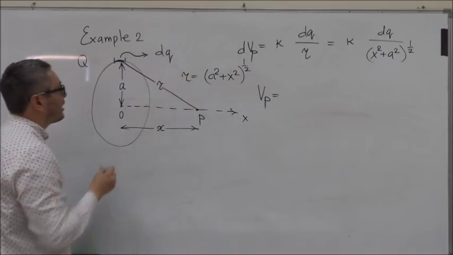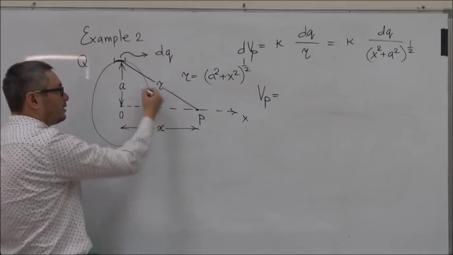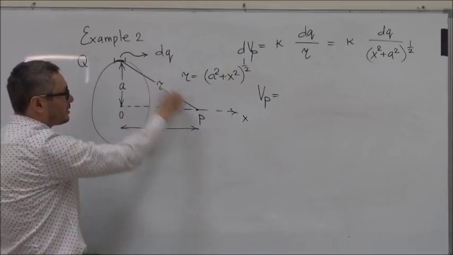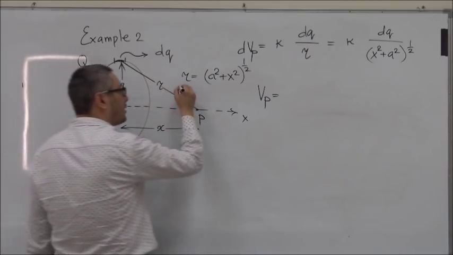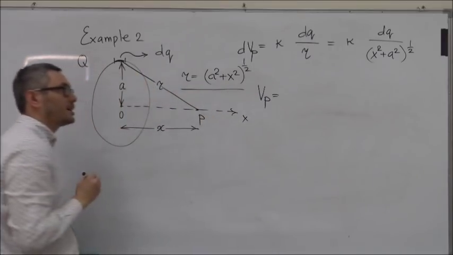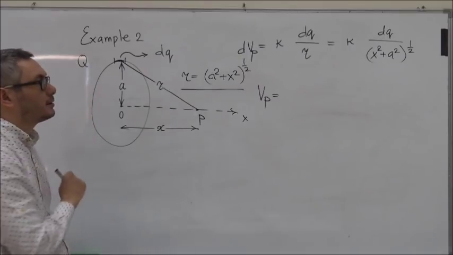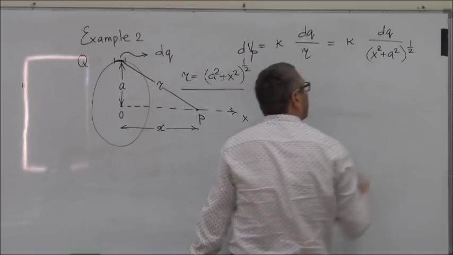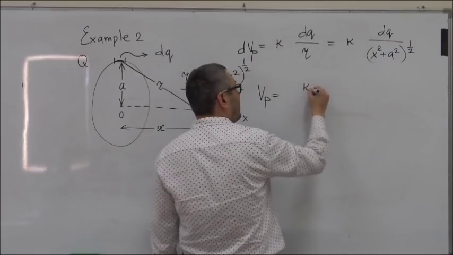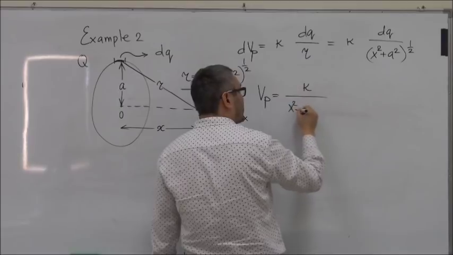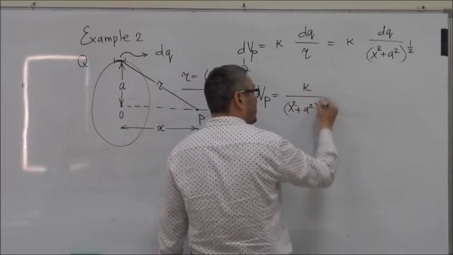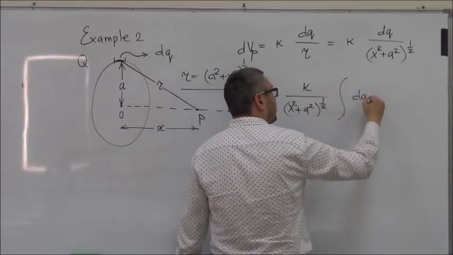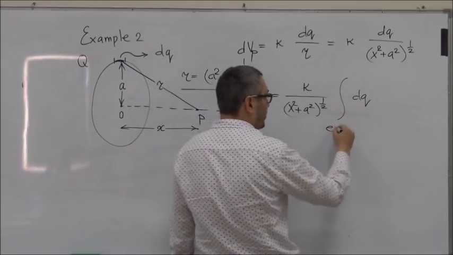Now note that every point on the ring, because of the symmetry of the problem, is exactly at the same distance r. So this distance r is actually a constant for every point on the ring. So when we take an integral, the denominator comes out of the integral, so we get k over the square root of x squared plus a squared, that's a constant, times the integral of dq over the entire charge distribution.